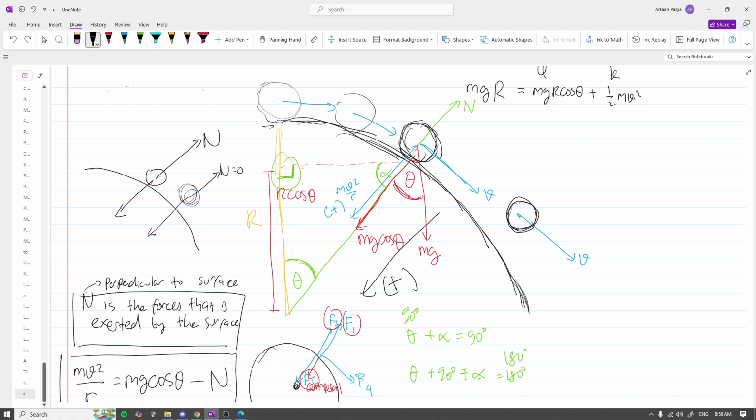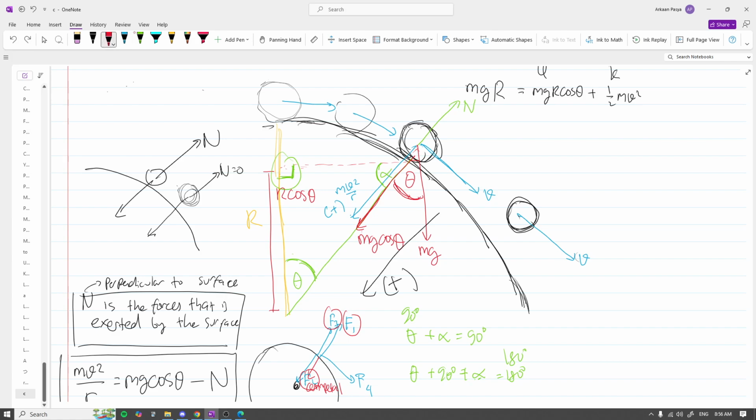The direction of the velocity is only dependent on the tangent of the circle. But because it leaves the circle, it has no reason to move here, so it has the same direction as when it leaves the hemisphere.